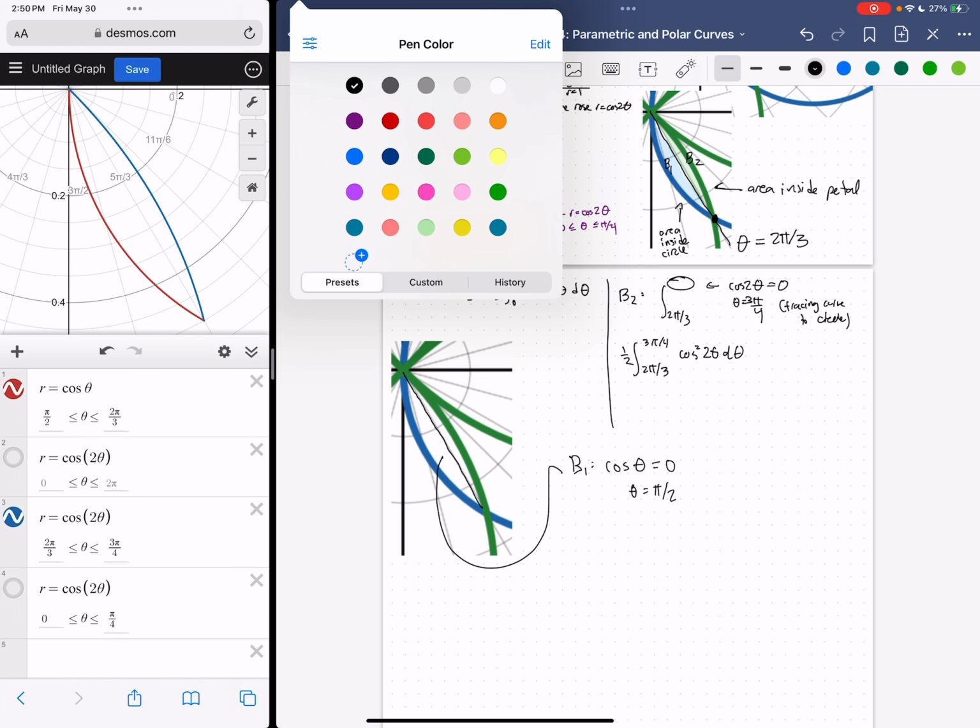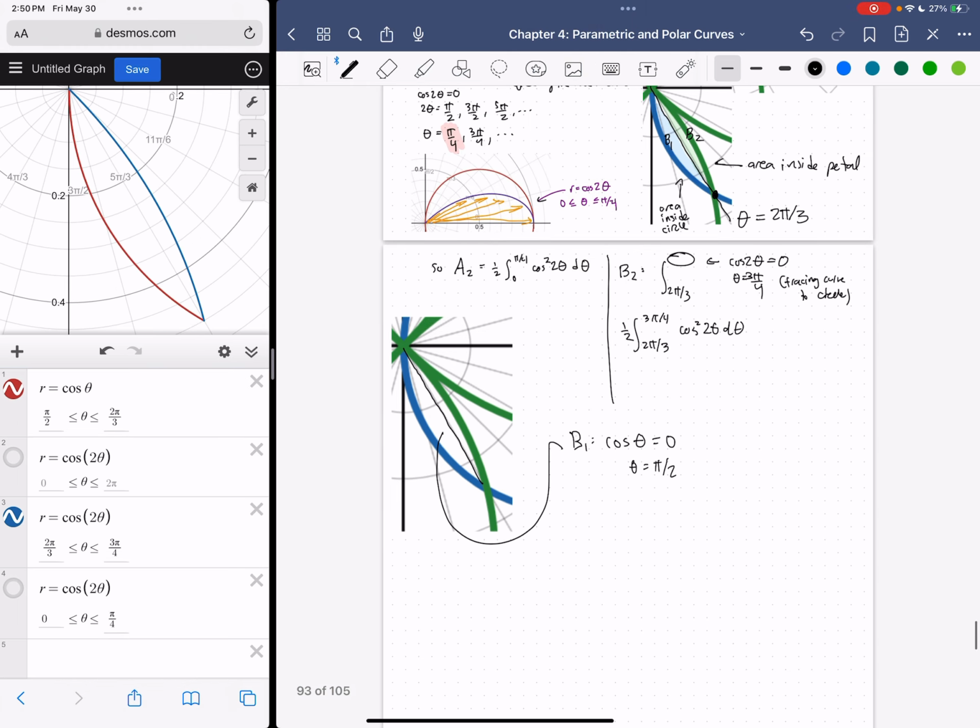And that's exactly what we want. Awesome. Okay, cool. So this first intersection happens at r equal to 0 at theta equal to pi over 2.